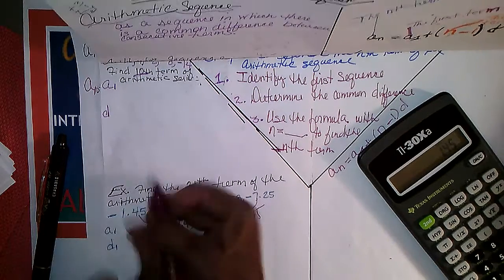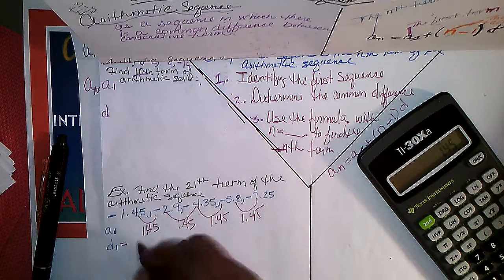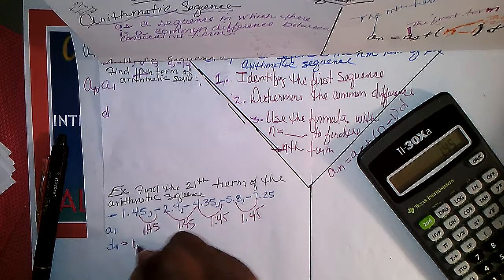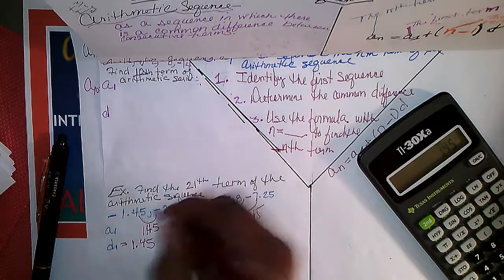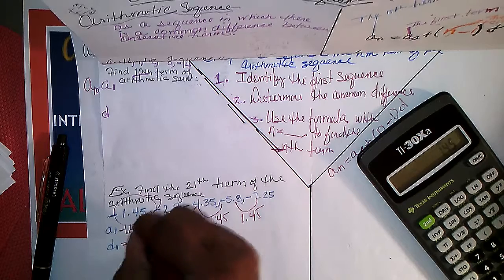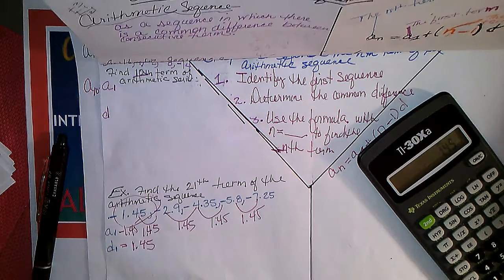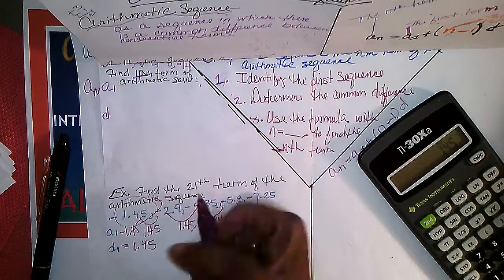All right, so we know our difference equals 1.45. So that's our difference. Our a_1 is negative 1.45. And we said we want to find the 21st term.